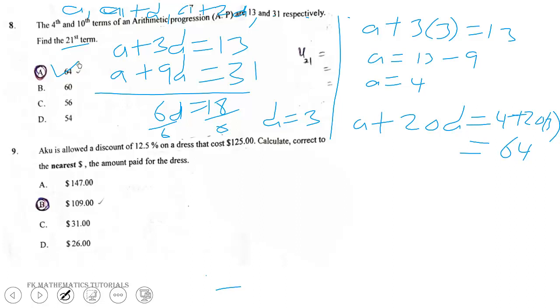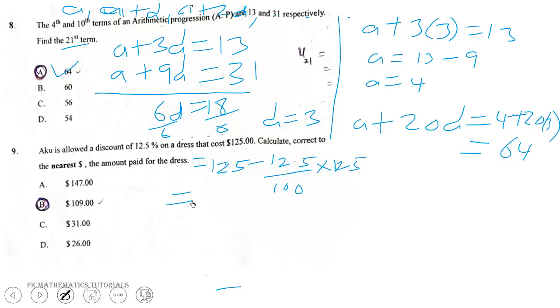So amount paid will be equal to $125 minus the discount, which is 12.5 over 100 times 125.